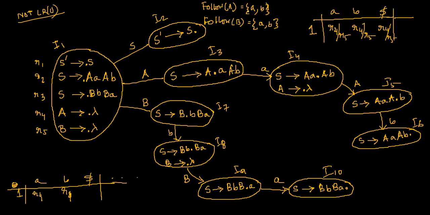So I will put this reduce move in both a and b, not in dollar. Similarly, since follow of B is the same, here also I have to put R5 and R5. So again, this leads to an RR conflict. That means it is not even SLR1.